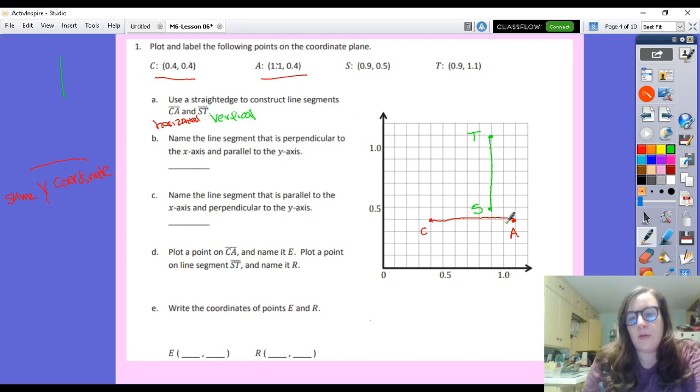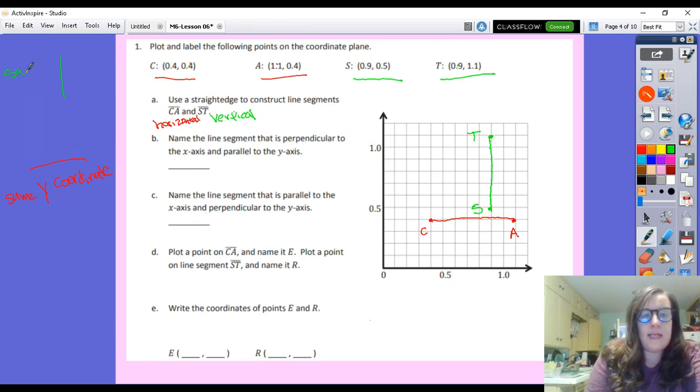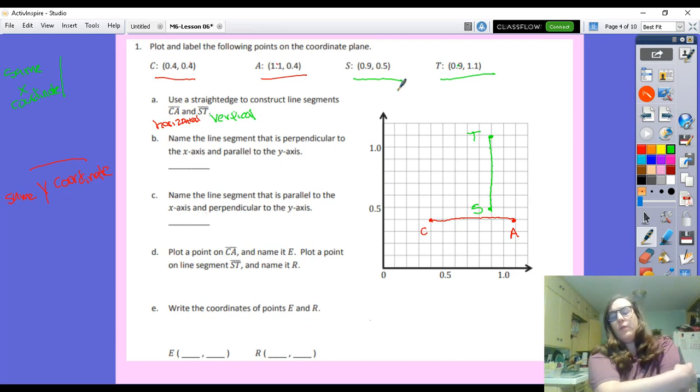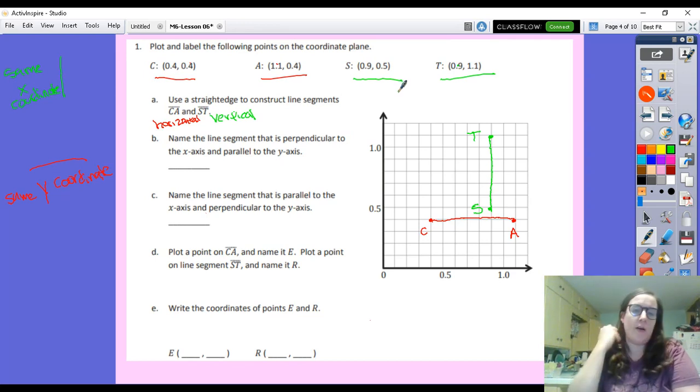And with my vertical line, S and T, they have the same x coordinates, sorry, but different y coordinates. So I'm going to put that they have the same x coordinates. That's the prediction that I'm making based on what information I've seen so far.